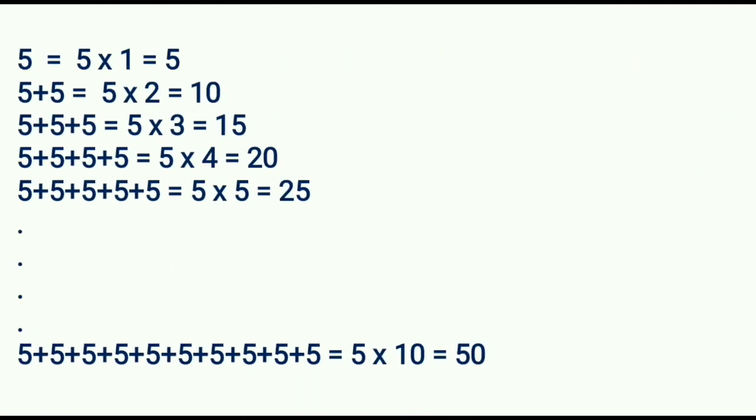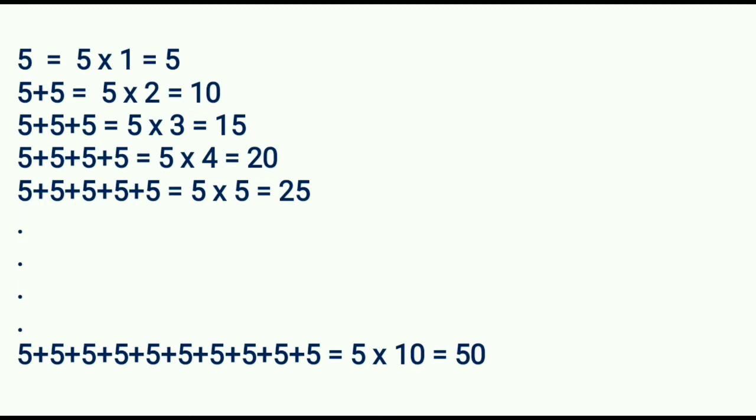Let's have a look at these numbers. We can read 5 as 5 multiply 1, that means 5. If we add 5 for 2 times, we can read it as 5 multiply 2, that is 10.